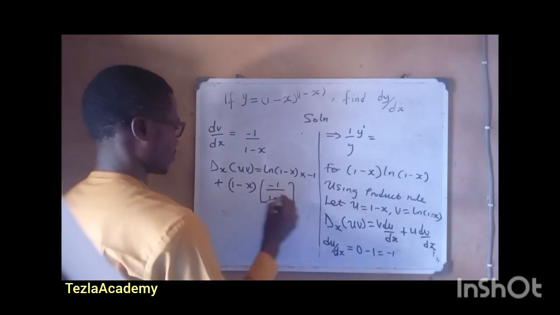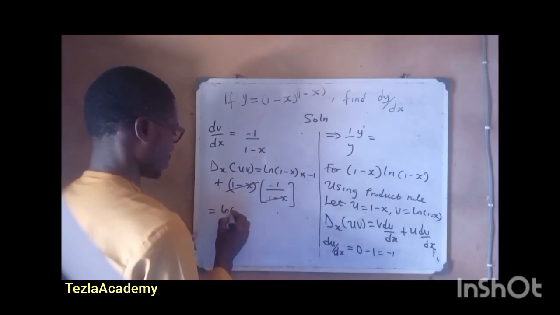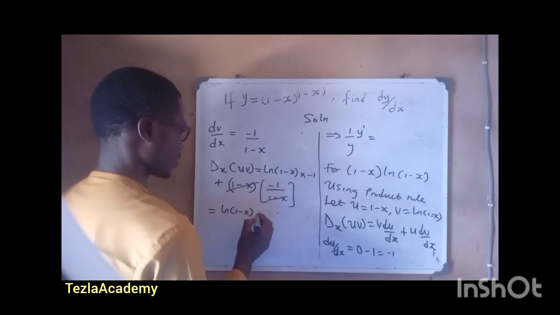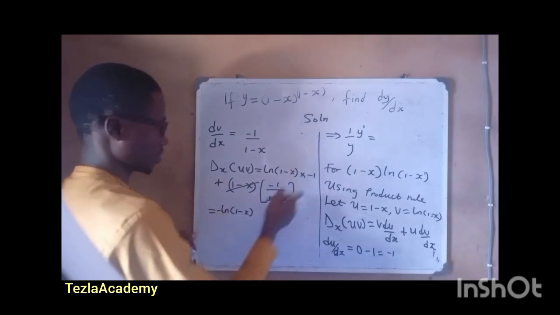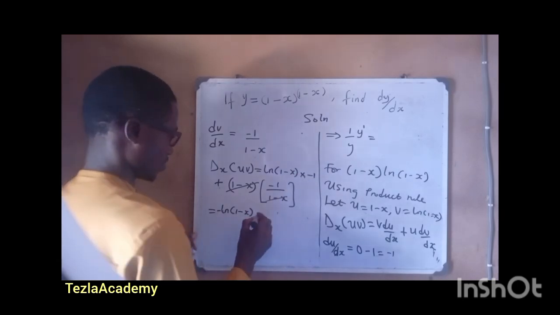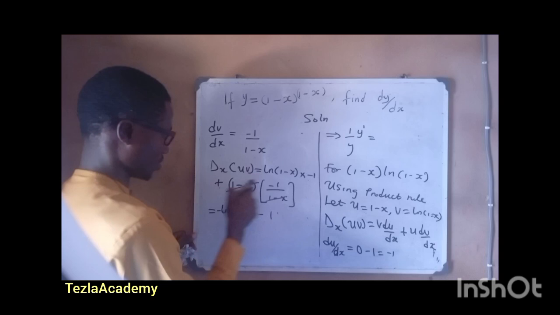These two can cancel themselves, 1 minus x and 1 minus x, and I'm left with the minus 1, since multiplying gives minus.